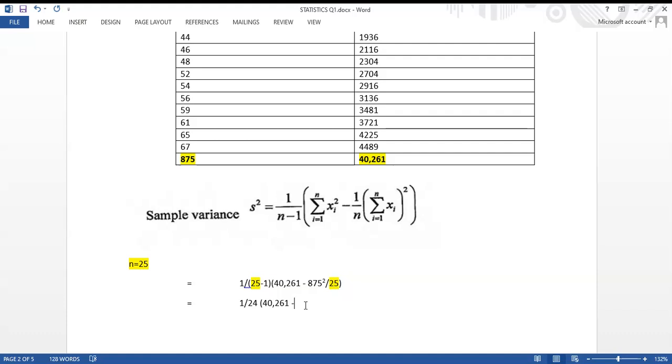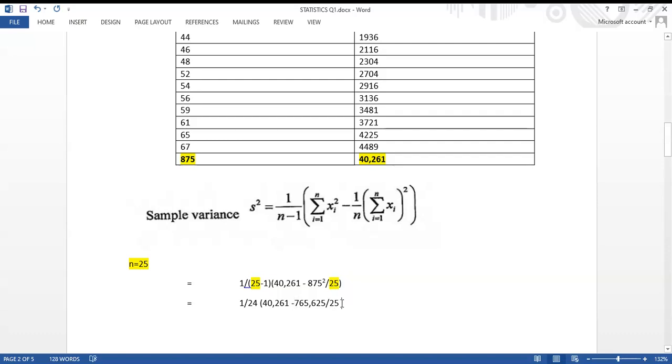875 squared. No one has given me a value up to now. 875 squared, that's 765,625, divided by 25, right?